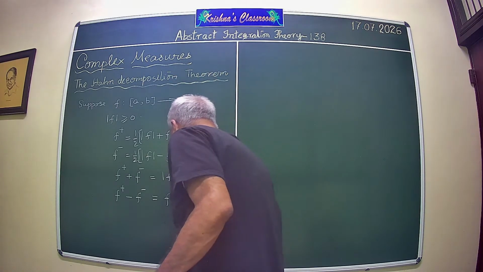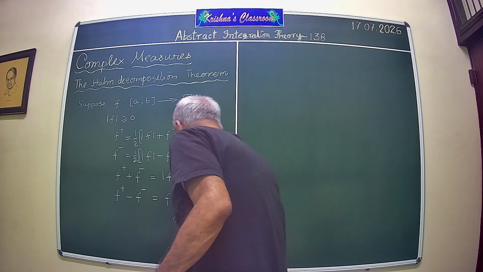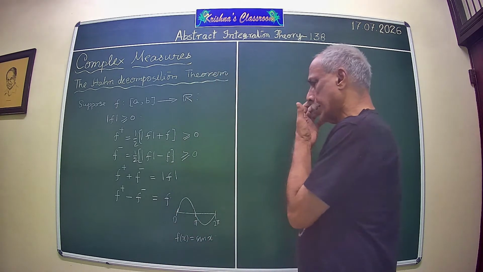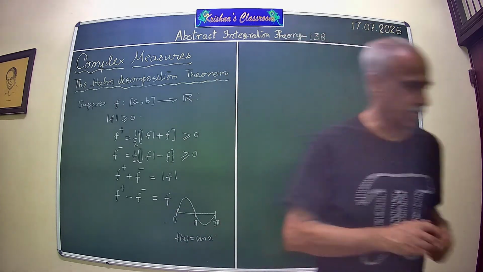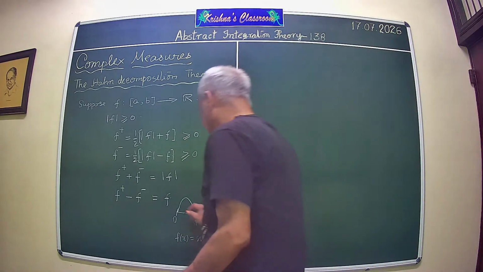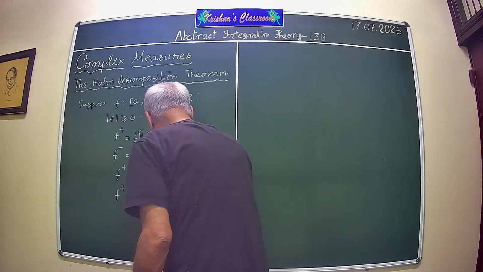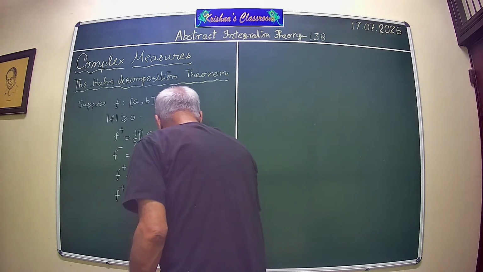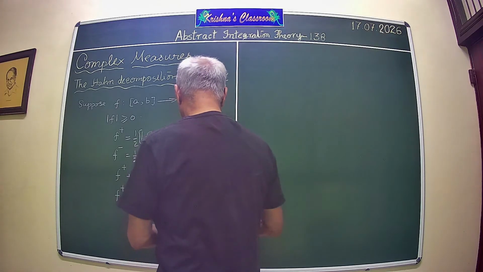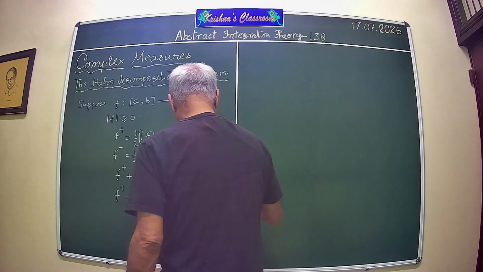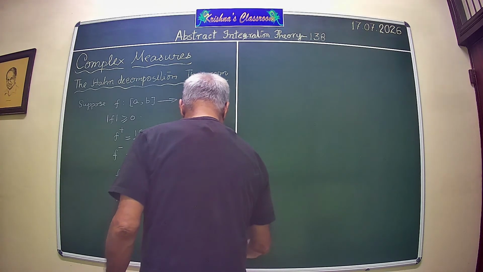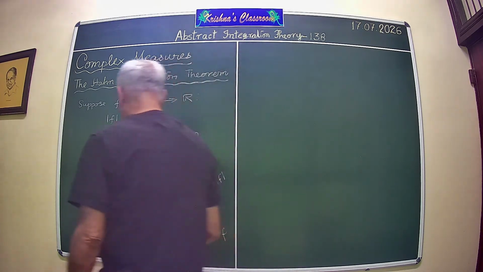You take f of x equal to sin x. The graph of mod f of x is given by this. This is mod f of x. This is f. So f of x equal to sin x.